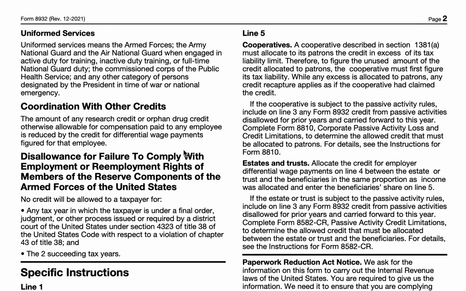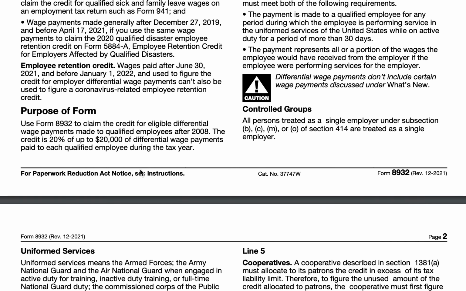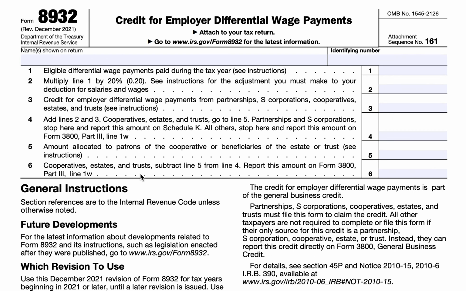So if a taxpayer is under a court order with respect to a violation of this code section, then they cannot claim a tax credit in that year or in the next 2 years. Those are all of the background information pieces that we need to be able to complete this form.